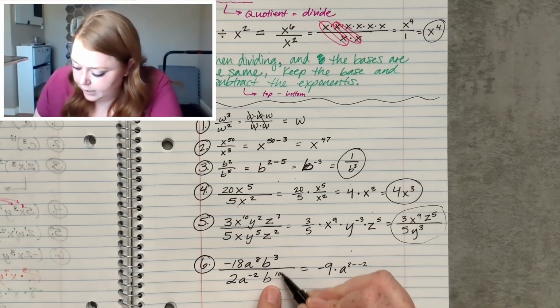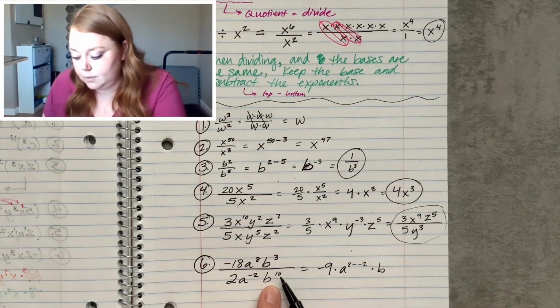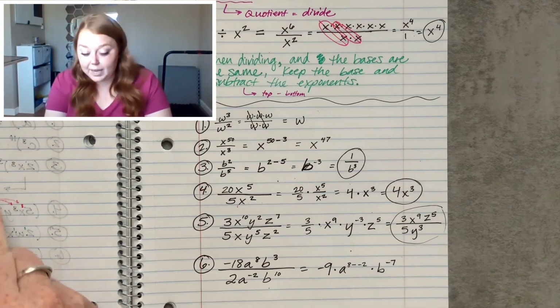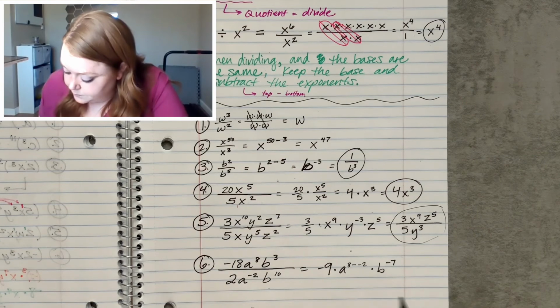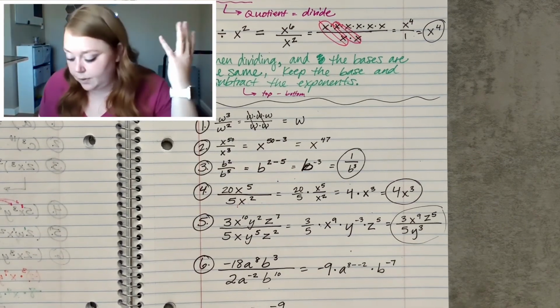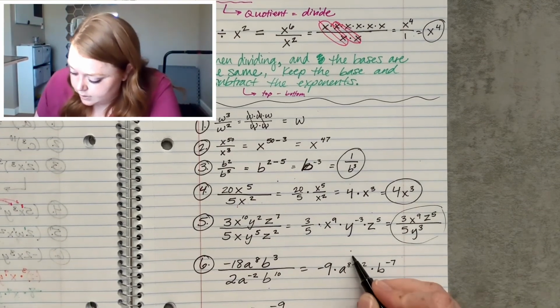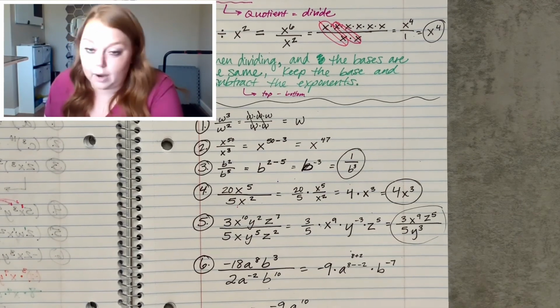So the power right there is going to be a 10. Okay. And then right here, I'm going to finish it up. B to the 3 minus 10 is negative 7. Okay. So in my final answer, negative 9 has a positive 1 for a power. So we're going to leave it on top. Right here, this ends up being 8 plus 2. So that's a to the 10th power.